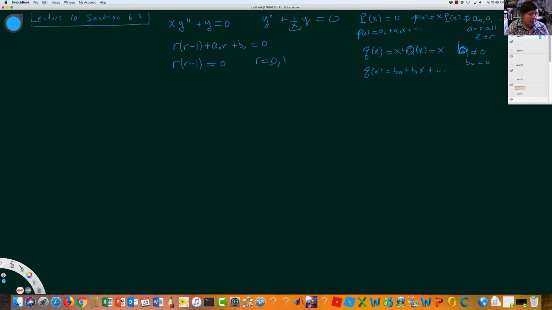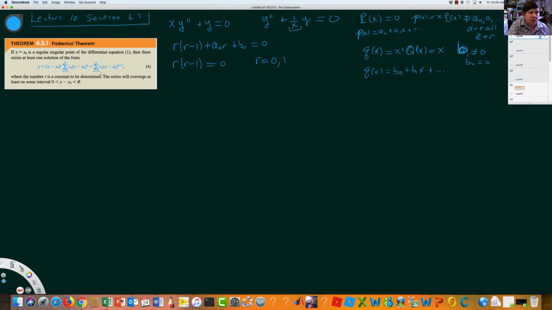Now, I'm not going to go through the math, but I encourage you to sit down with this and substitute a series in here with the method of Frobenius, with this x to the r. Now you know what r is, so you can just pick one, like pick the 0 case, go through the series and get all your coefficients, and then pick the 1 case, go through the series solution and get all your coefficients.